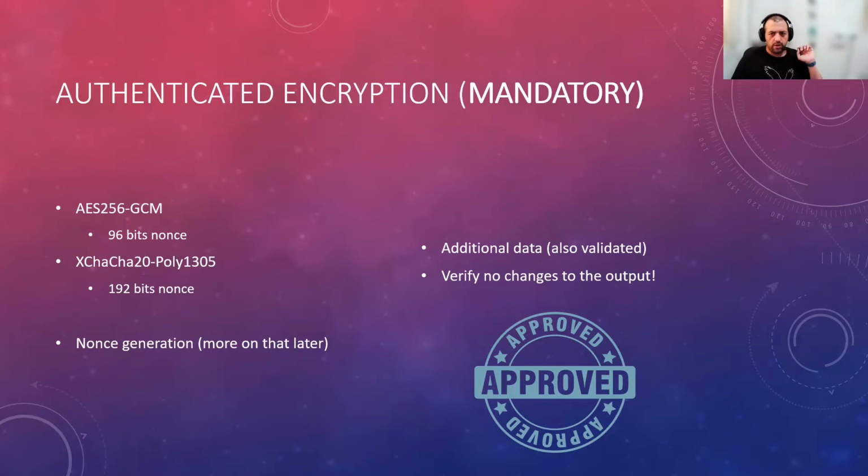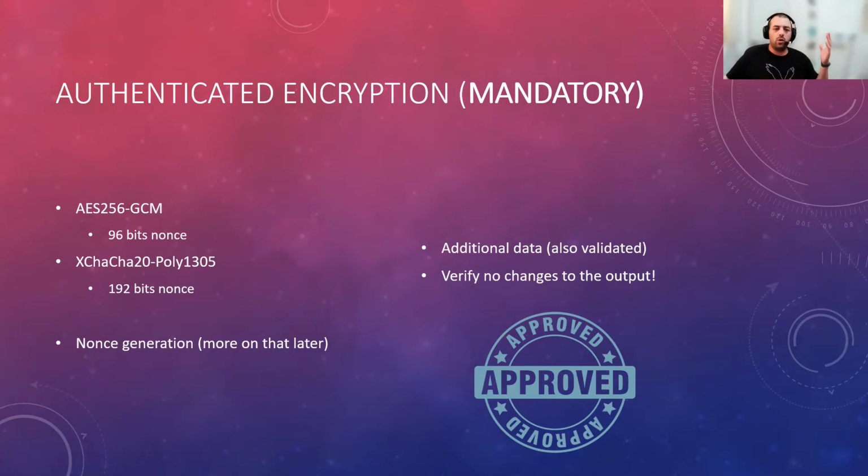We need that. So the whole idea with authenticated encryption is that we can ensure cryptographically that the data that I sent and the data that I got is the same. This encryption mode also has the notion of additional data. So this is some data that is not encrypted, that is sent as plain text, that I'm also verifying.